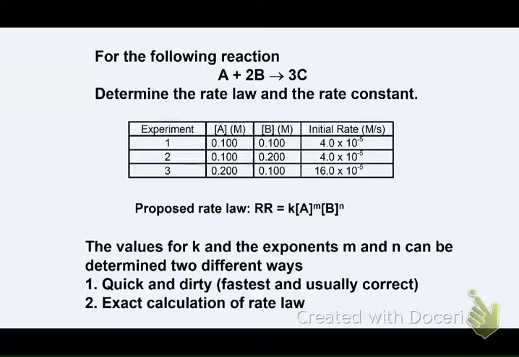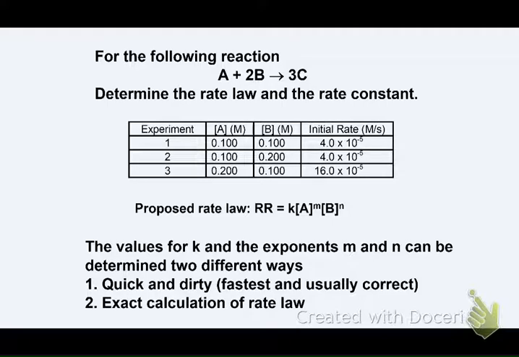Let's say I have an experiment. It's A plus 2B goes to 3C. And in the experiment, you'll notice there's 3 of them. In the first 2 experiments, what happens to the concentration of A? It's the same. What happens to the concentration of B? It doubles, right? But what happens to the rate? It stays the same.